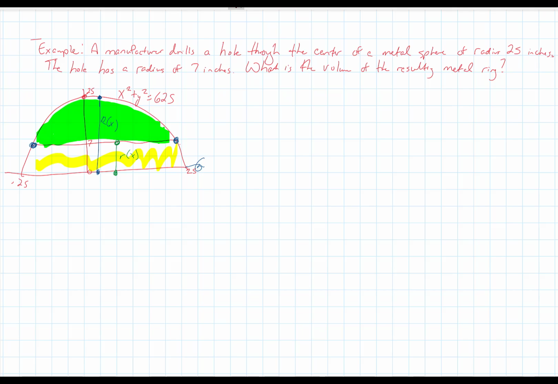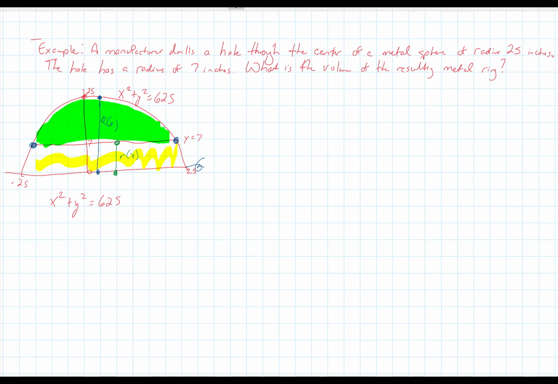So let's find the points of intersection first. So we know we've got x squared plus y squared equals 625. We also know the other equation is y equals 7, because it's a horizontal line where our drill bit's going through at a height of 7 inches. So since we know y equals 7, we can just plug in.